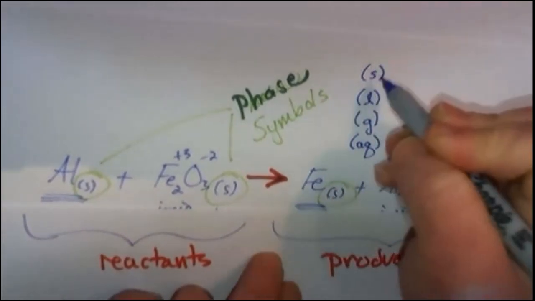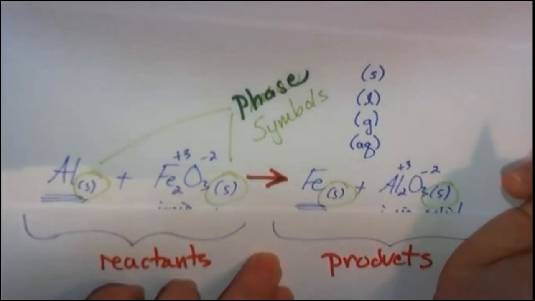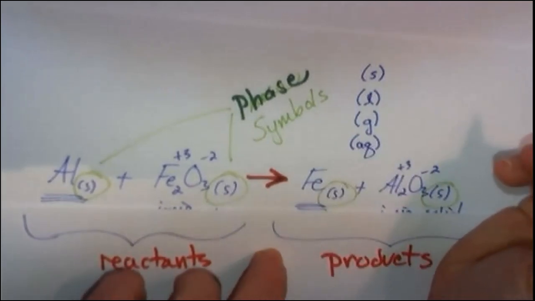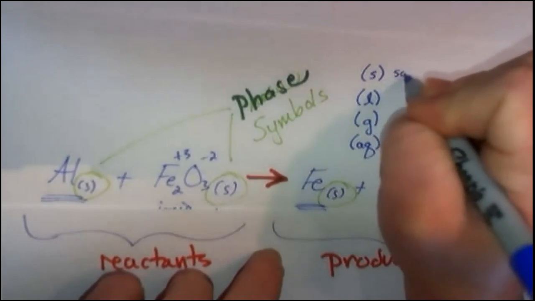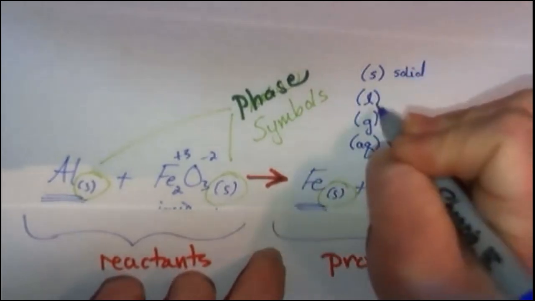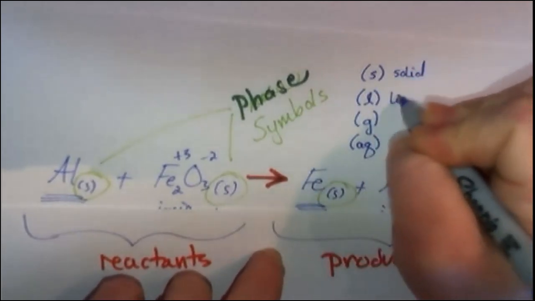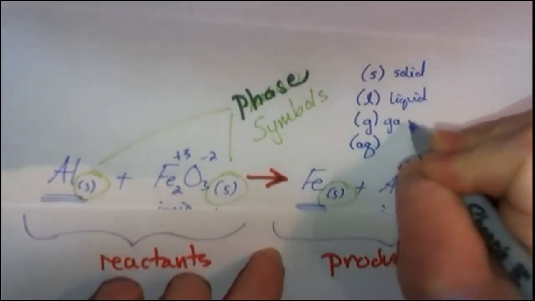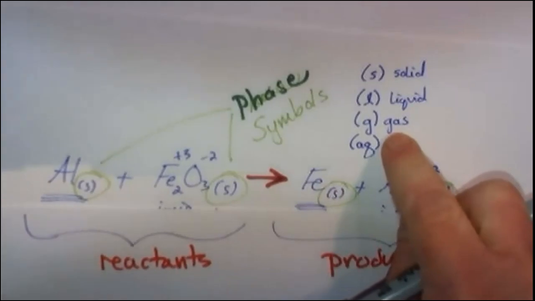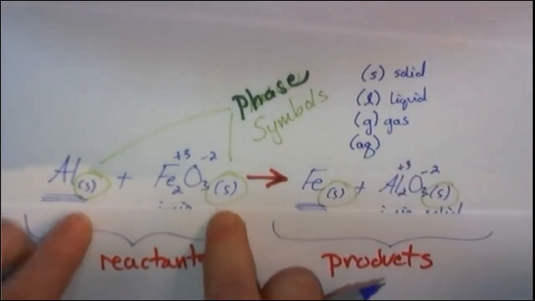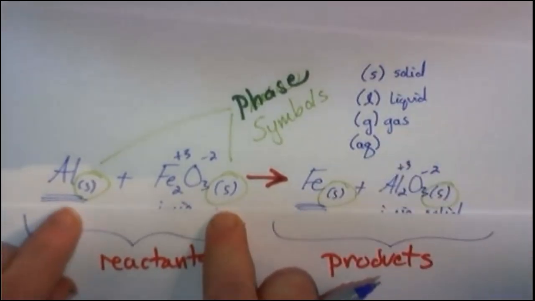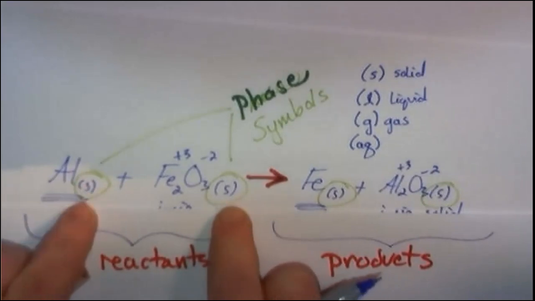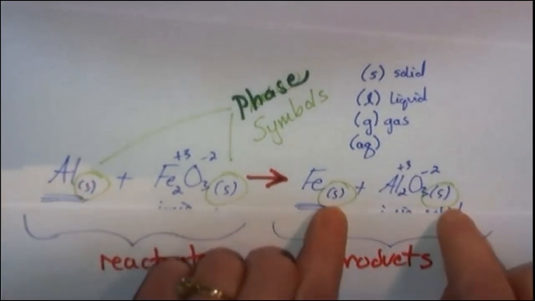So Olivia, what do you think the S stands for? Solid. You got it. The L? Liquid. G? Gas. All right. These are the states. So the reaction that we observed, they reacted two solids and they made two different solids.